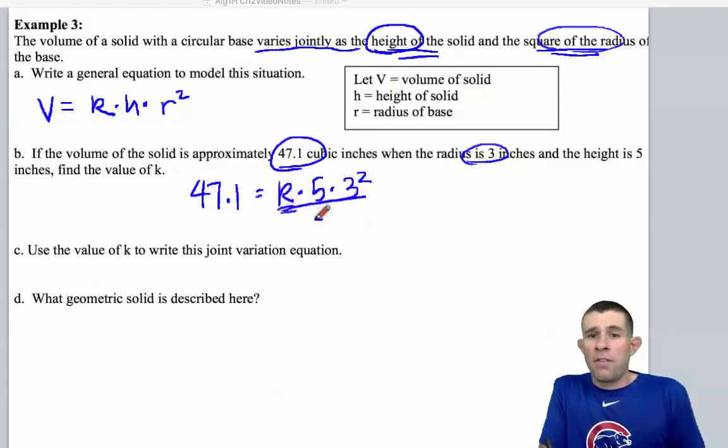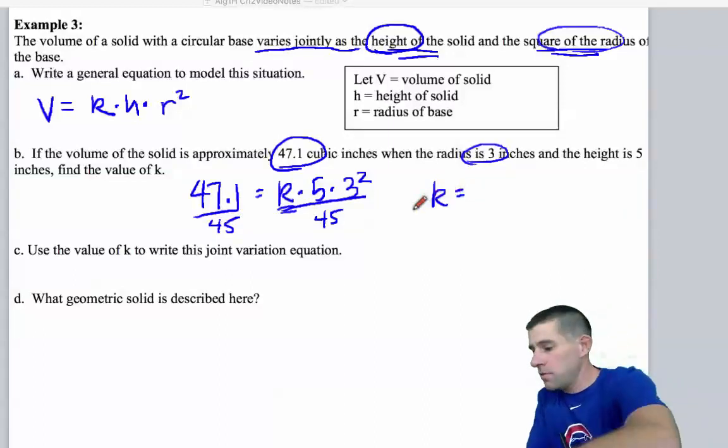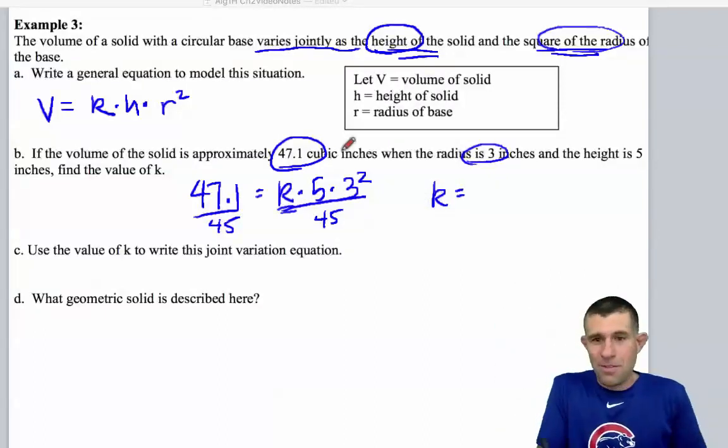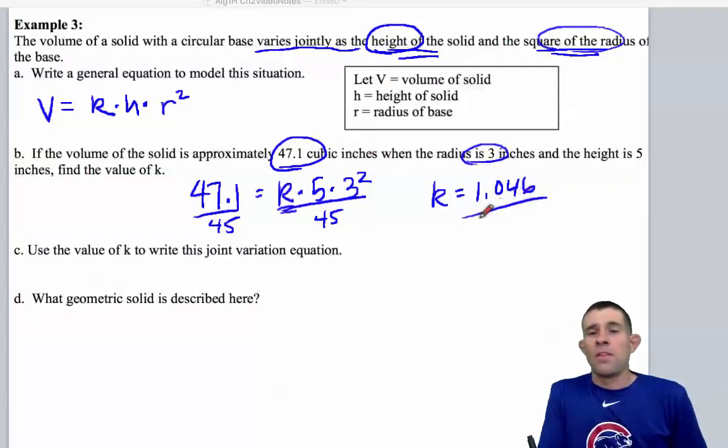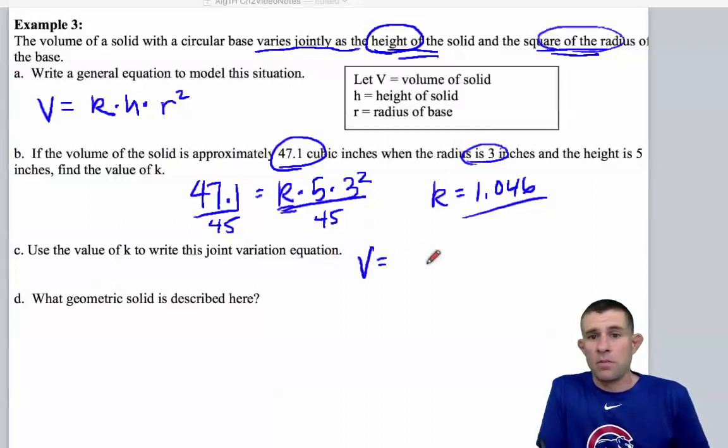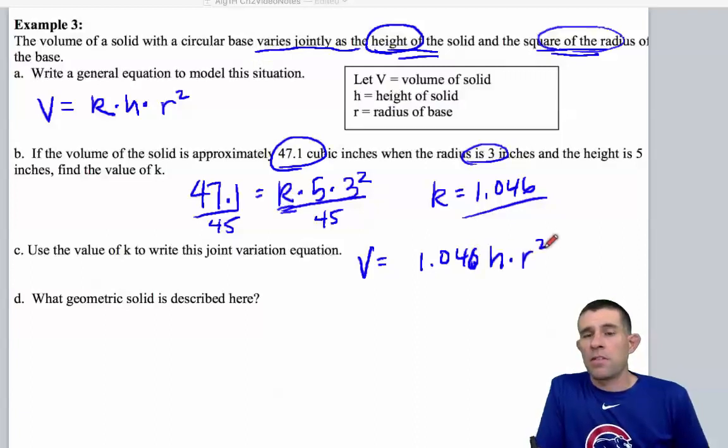I need to divide off that 45 from both sides. And K will give me a value of 1.046. All right. So now we can rewrite that joint variation equation to read as volume is equal to 1.046 times the height times the radius squared.